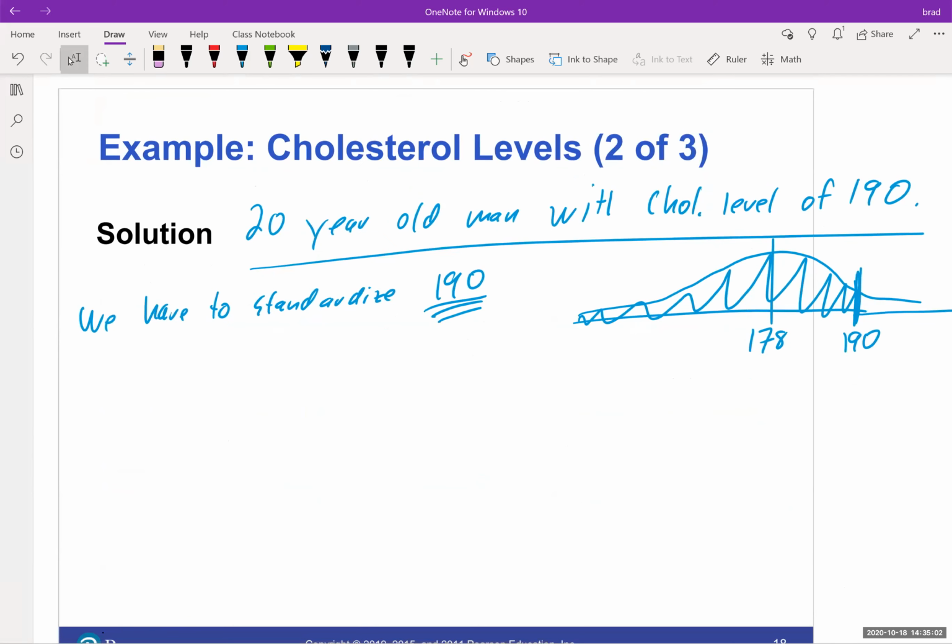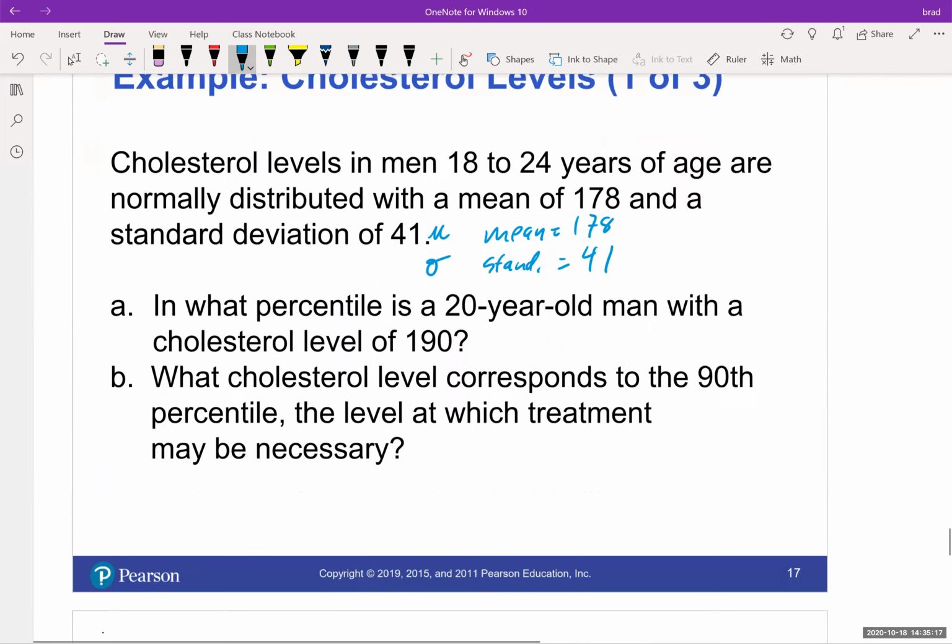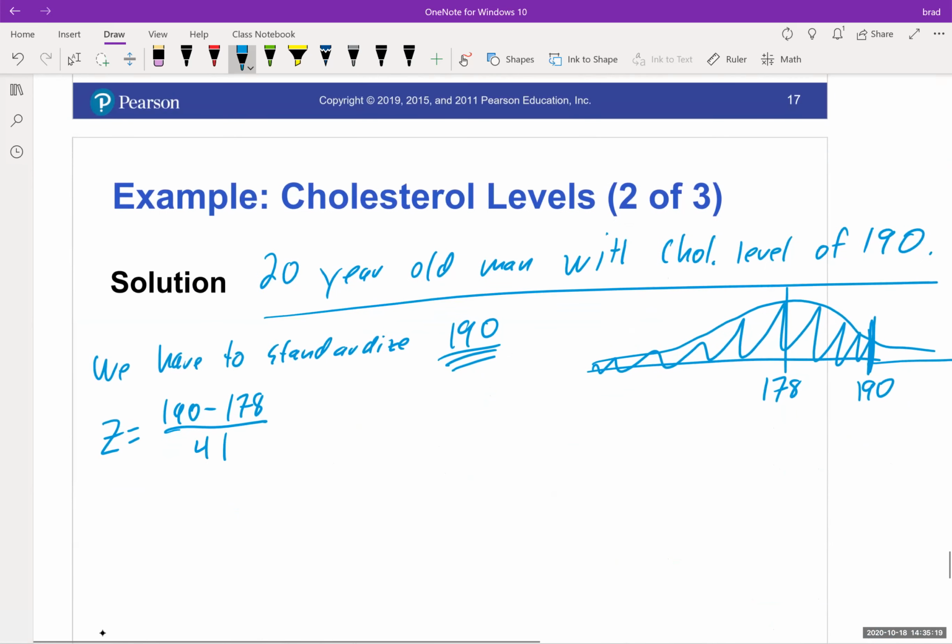So we have to find Z. Z is equal to 190 minus the mean of 178, divided by the standard deviation of, what did they say, 41. So I'm just going to take out my calculator and approximate this.